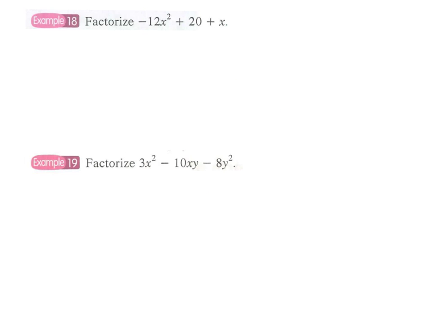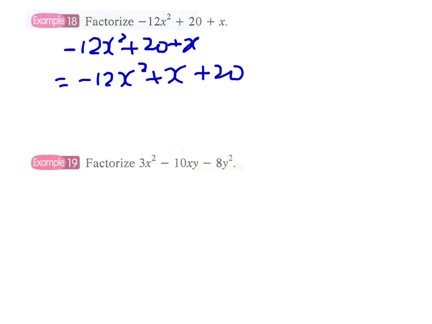Okay, example 18. Factorize minus 12x squared plus 20 plus x. And remember, we have to rearrange the terms such that we have a descending order of x in the expression. Therefore, we move this x term to the middle.